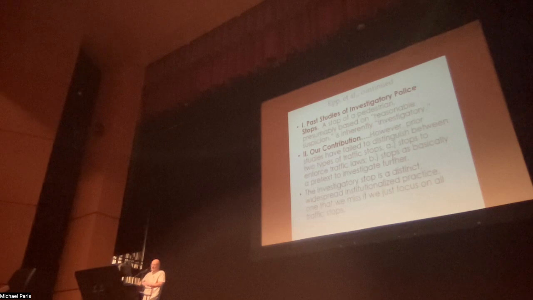And what they're saying is, you know, these prior studies don't make this distinction. The investigatory stop is a distinct, widespread, institutionalized practice, one that we miss if we just focus on all traffic stops. So prior social scientists were looking at all traffic stops and looking for racial patterns, and they found much less racism for all traffic stops compared to pedestrian stops.